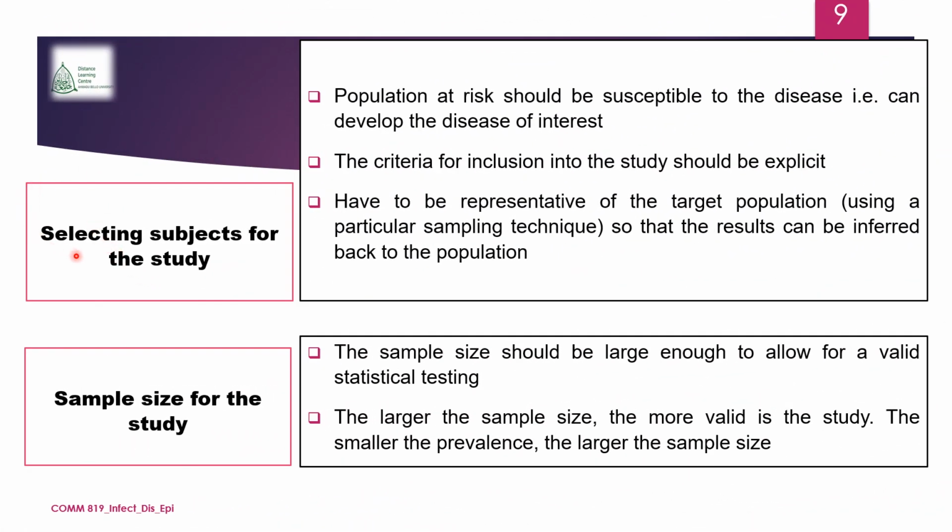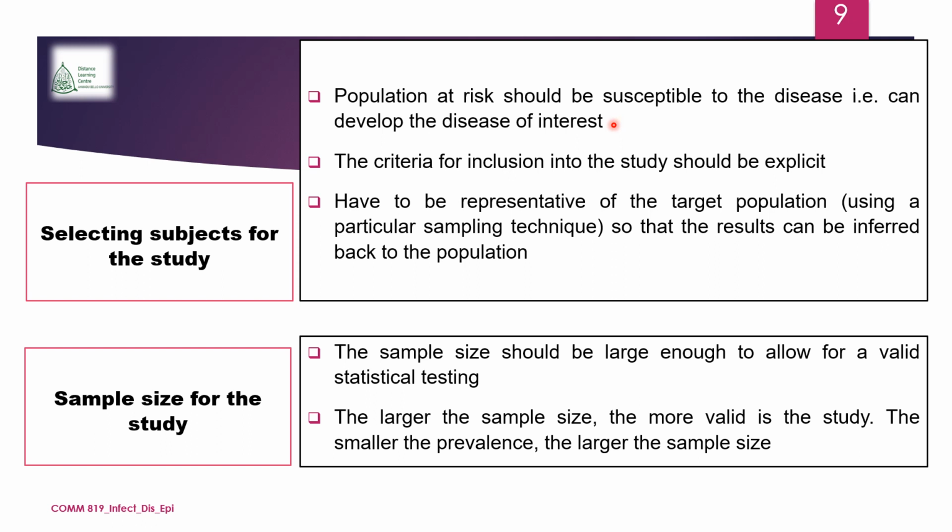So here we said selecting subjects for the study. How do you select your subjects for the study of interest? Here we said the population at risk should be susceptible to the disease, i.e., can develop the disease of interest. So whichever population, your subjects must be people at risk of developing the case definition.